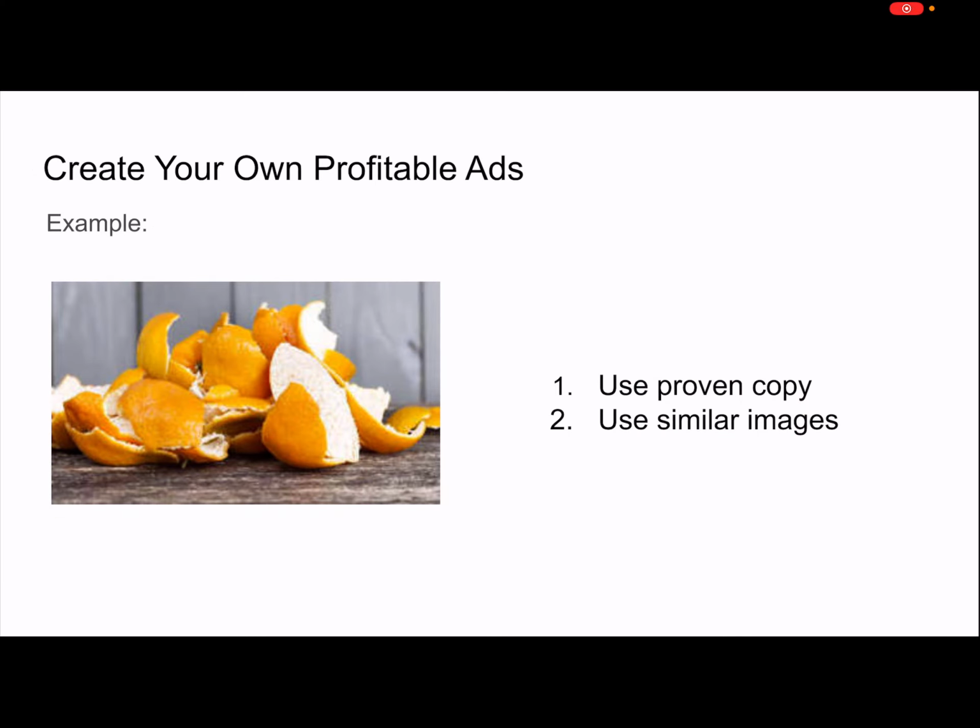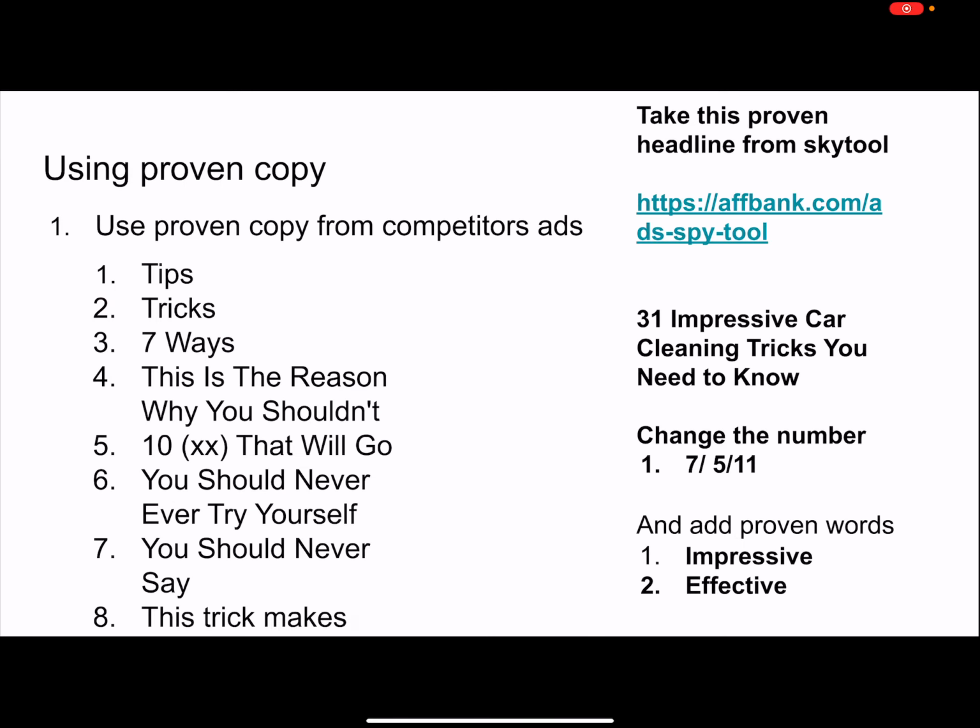So when it comes to creating your own profitable ads, you really want to follow a simple system of curiosity for the headlines and similar images to what works. So obviously, if you spy an ad and it's an orange pill, just find more similar orange pill ads. It's very easy, very straightforward. Don't make it too complex, and you can model exactly what works.